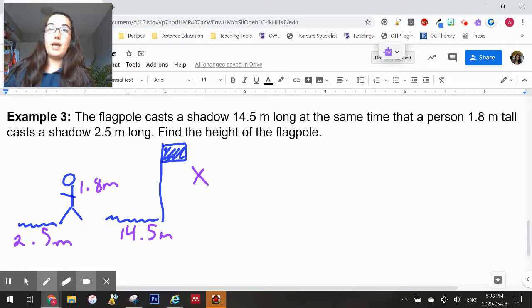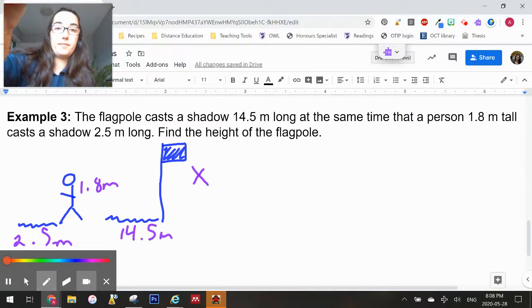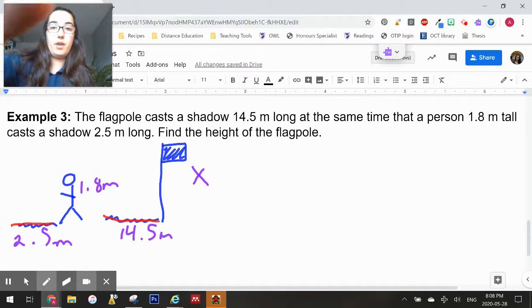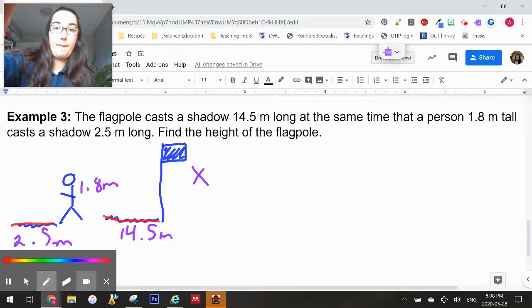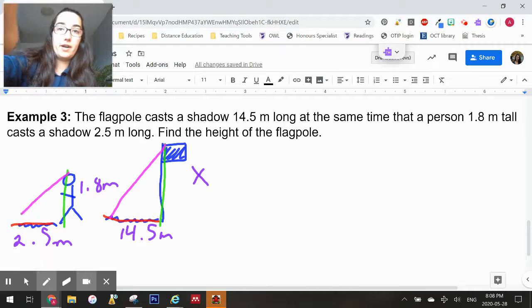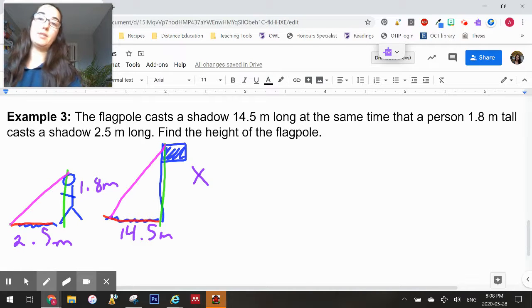Let's finish off our triangles and draw some matching lines. I'm going to start off with knowing that the shadows have to match up, so they are similar. I also know that the heights of the two have to be similar. And finally, just to connect the dots, I have my third side of my triangle, which also has to be similar.